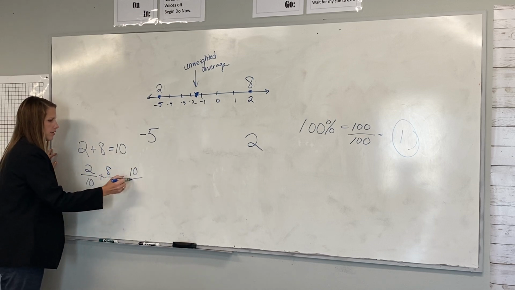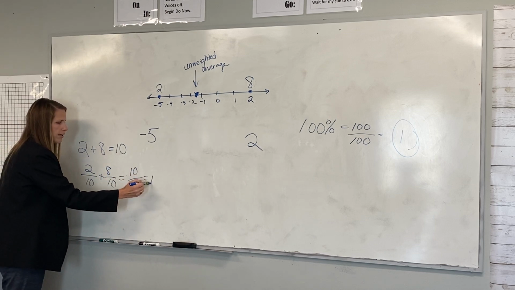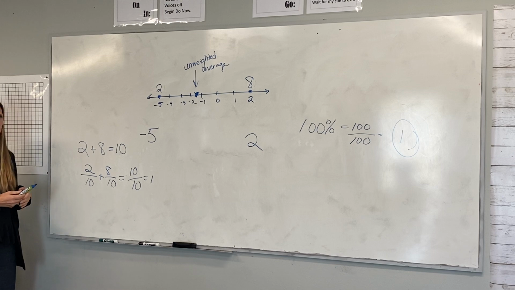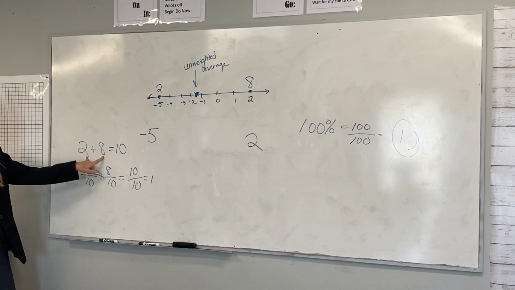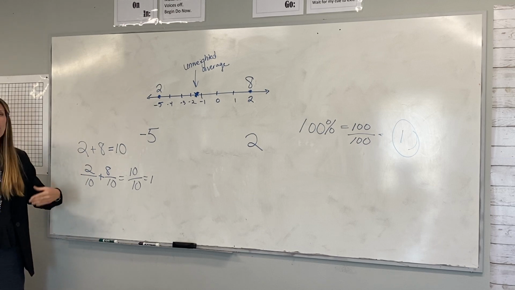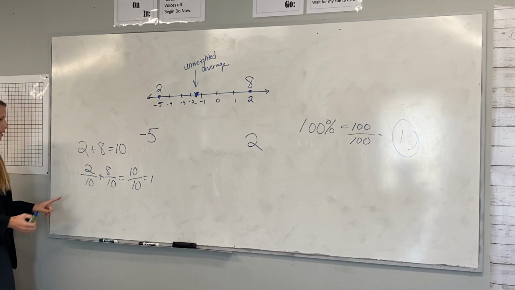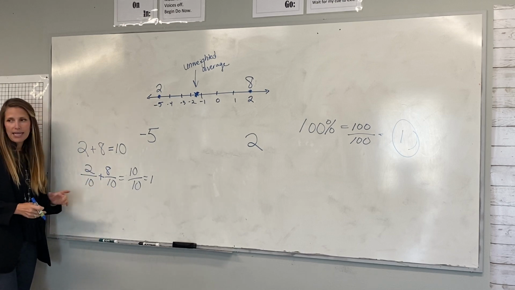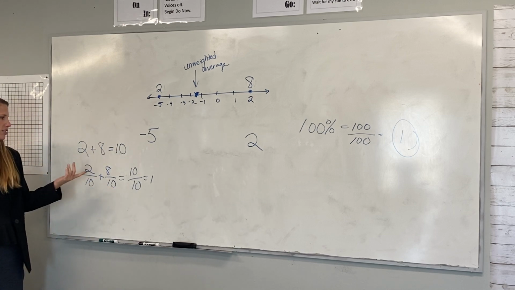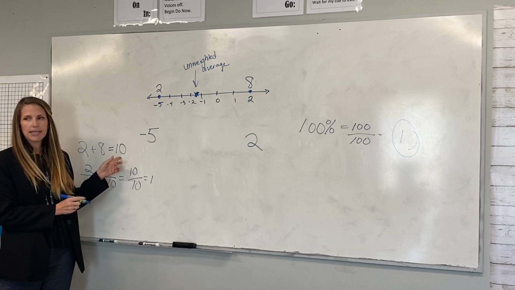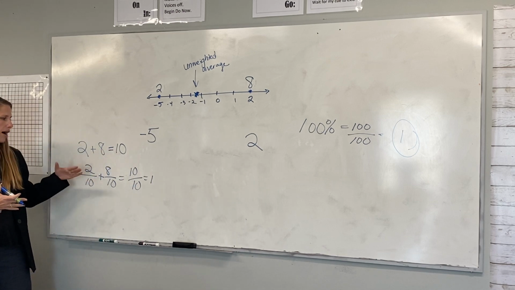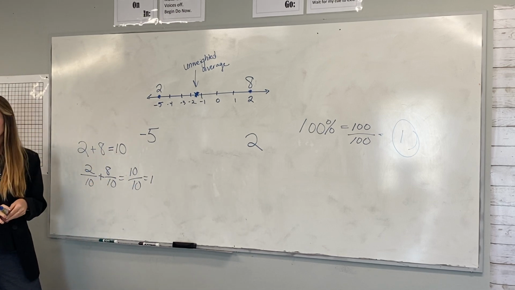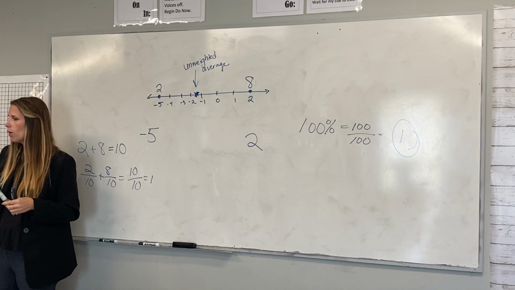Which equals 1, or the whole thing, or 100%. But do you agree that these weights, in order to equal the whole thing, can be represented by 2 tenths and 8 tenths? Because they add together to get 10. So they can be put out of 10 to get 10 out of 10, or 1.